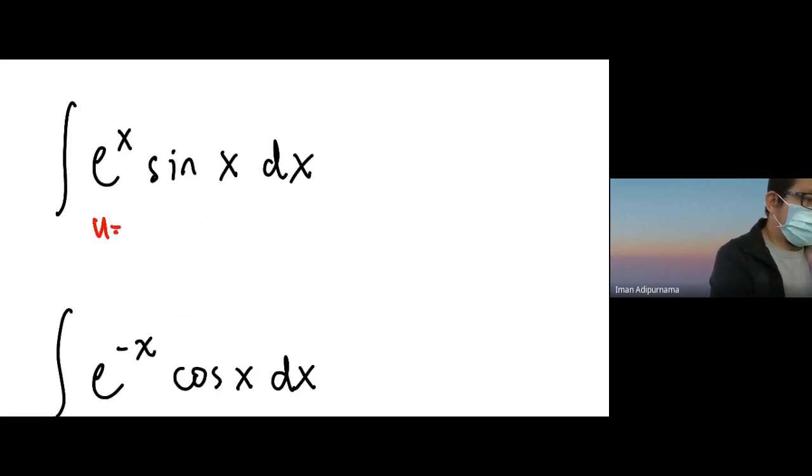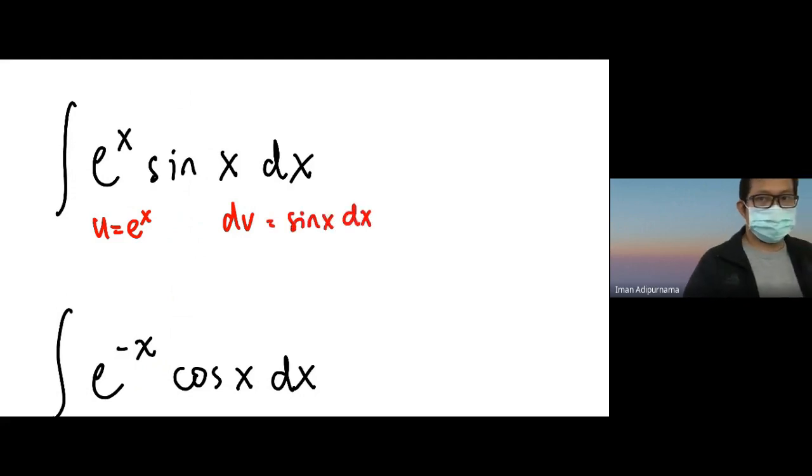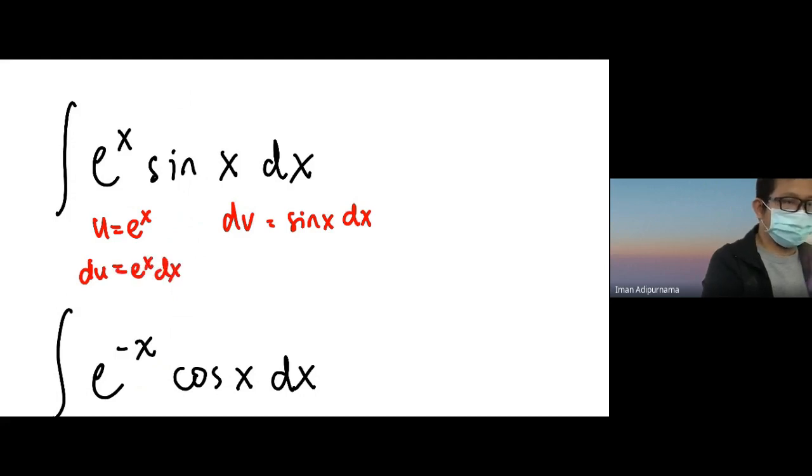Maybe you can check here. If we take u as e to the power of x, let me just try the regular integration by parts. So du becomes e^x dx, and v will be negative cos x.